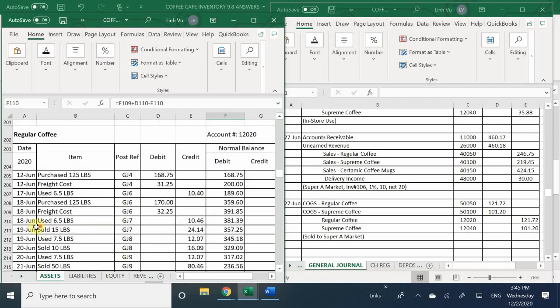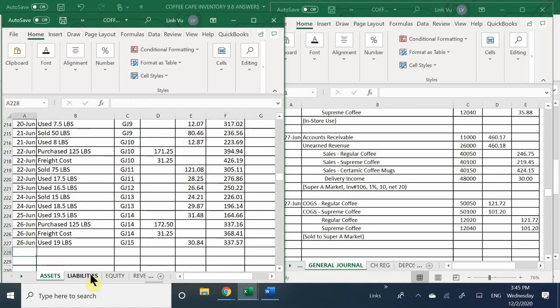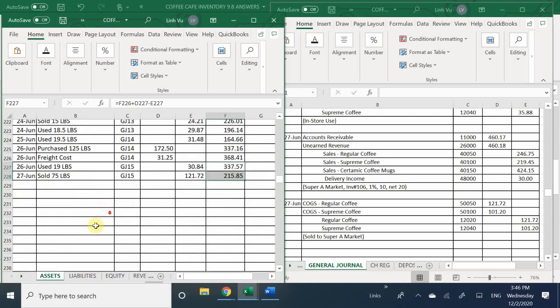Again, sold, that was 75 pounds. General Journal 15. And then do a credit for the 121.72, bringing that total to $215.85.